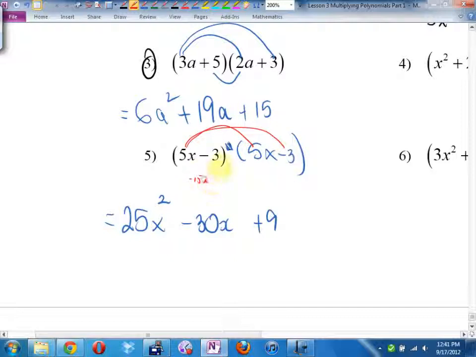Okay. What's that right there? And then negative 15x. And what's the last one? Positive 9. Okay, so see where the positive 9 came from? Can you see where the negative 30 came from? Oh, yeah, like terms. Gather like terms, gather like terms, gather like terms.